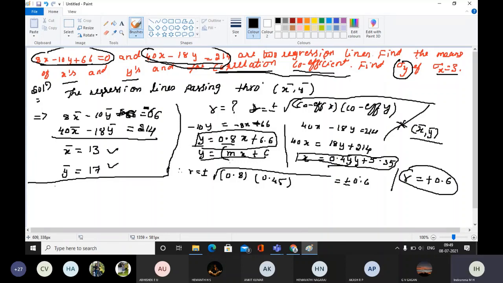So m is the slope. What is the formula to find m? I used it in the previous problem for the first regression line. What is m1?